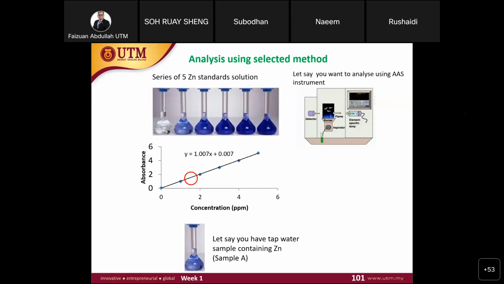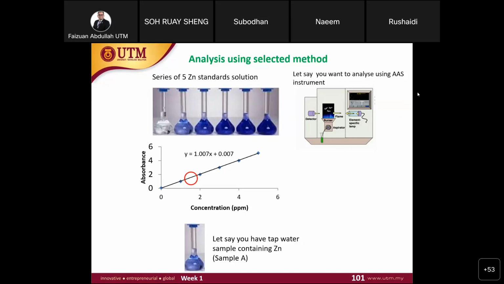So we are the ones who need to teach the instrument how to know the concentration. So what is the method of teaching the instrument? Calibration plot. We prepare a series of standard solutions of known concentration of analytes, and then we tell the instrument how to define the concentration. Now we can analyze our unknown sample.